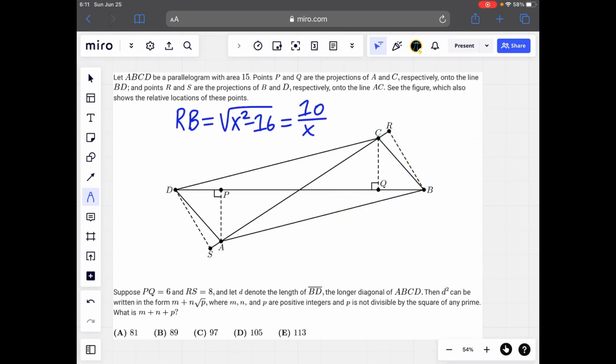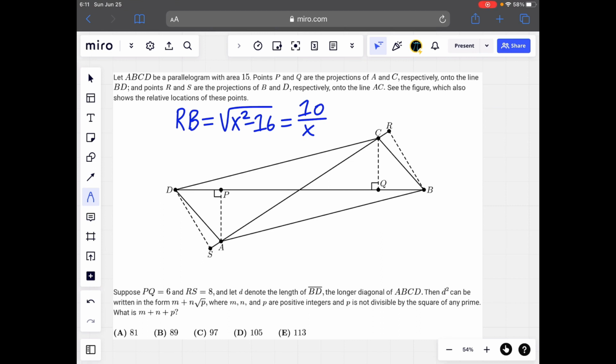So by now it's clear that we're able to express RB in two different ways, both as the square root of x squared minus 16 and as 10/x, where x is the length MB. And we want to solve for BD, which is 2x. So we first have to solve this equation for x.